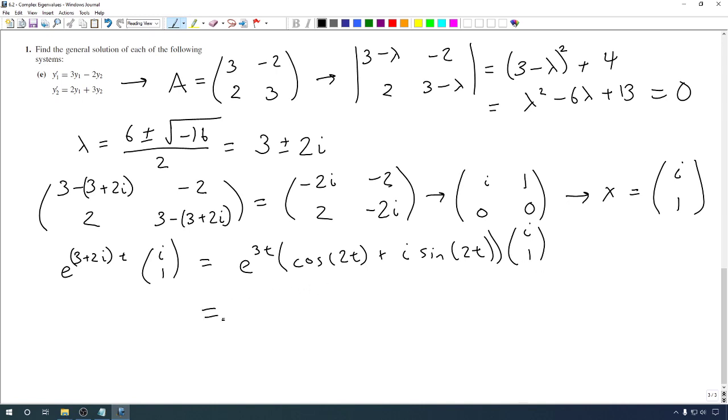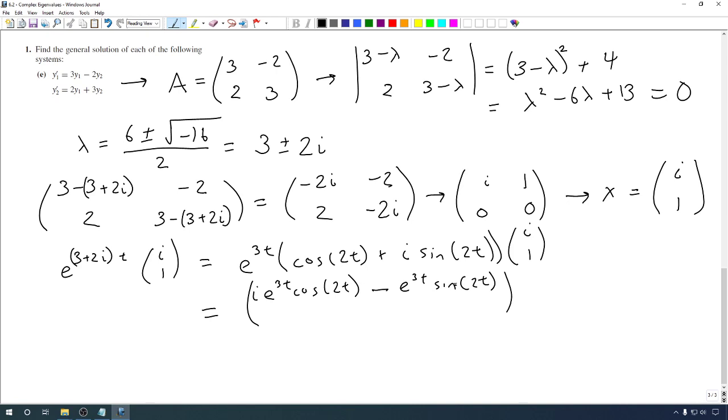I'm then going to go ahead and put that through. So e to the 3t cosine 2t, but I'm actually multiplying this by i, so this has an i in front of it. Then we'll still have an e to the 3t sine 2t, but we have the i here times that i there, so actually i times i is negative 1.